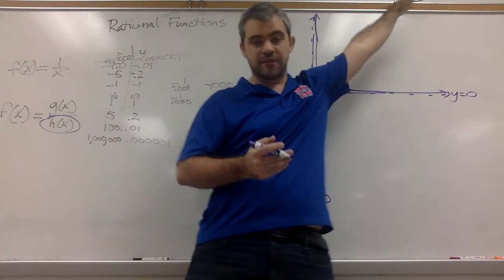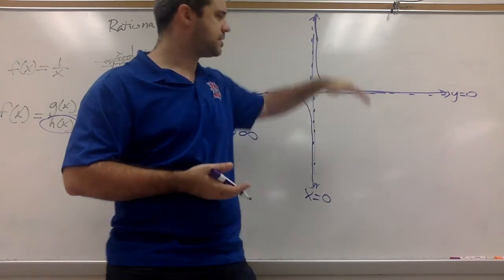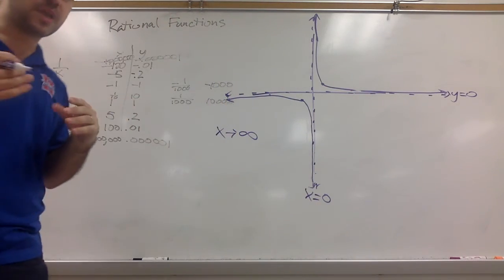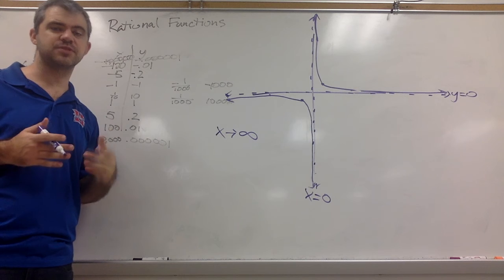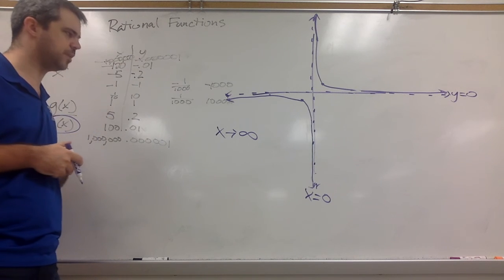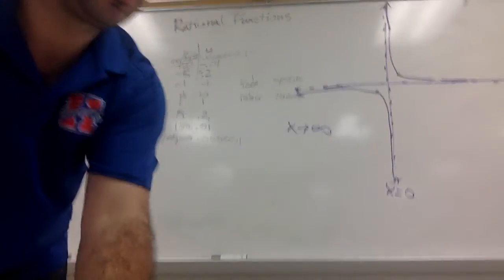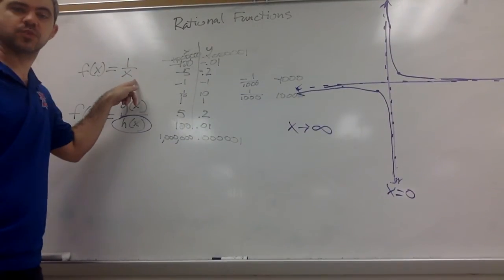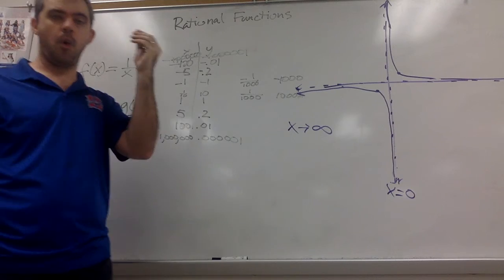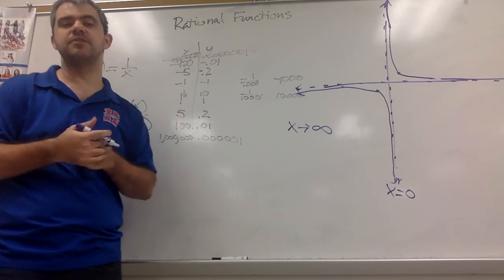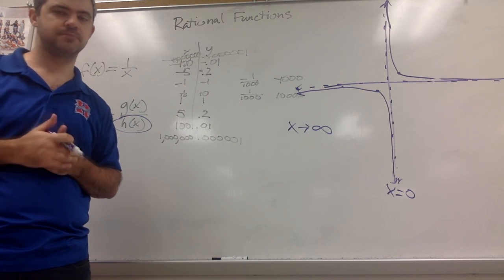Does it go off into space, or does it settle down really close to a value? In the case of a lot of rational functions, they settle down to a specific value. Here, as x gets really big, it's going to be 1 divided by a huge number, which gets us pretty close to 0.